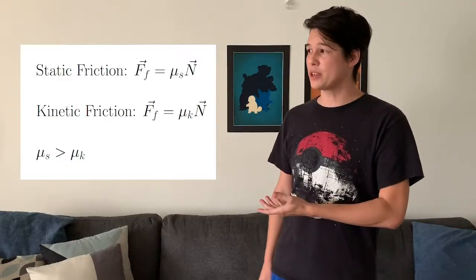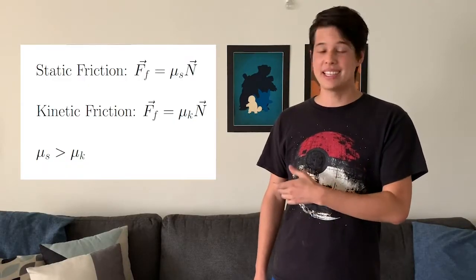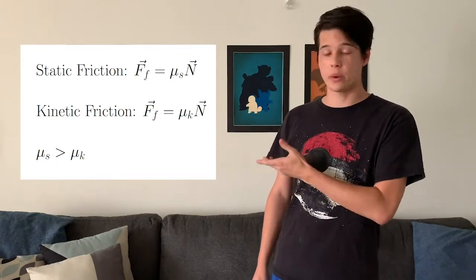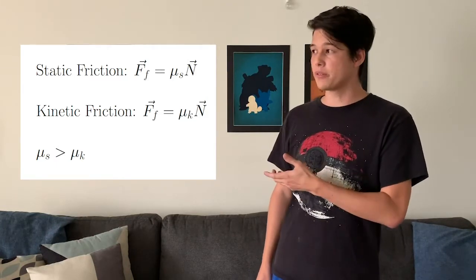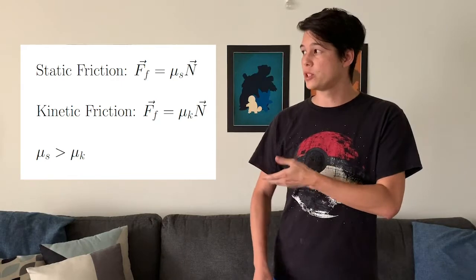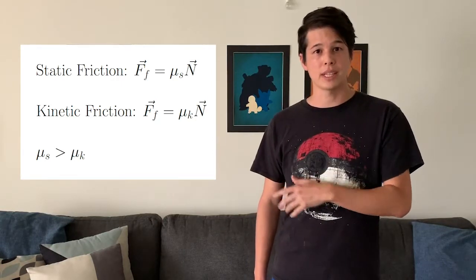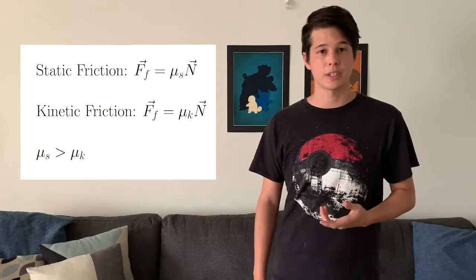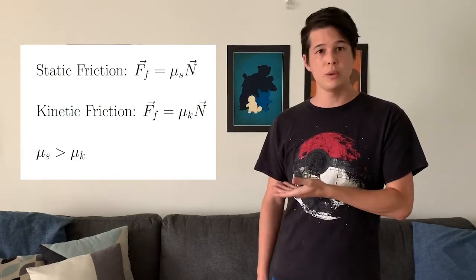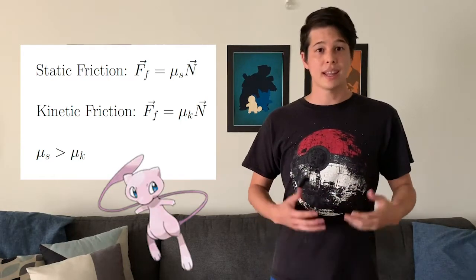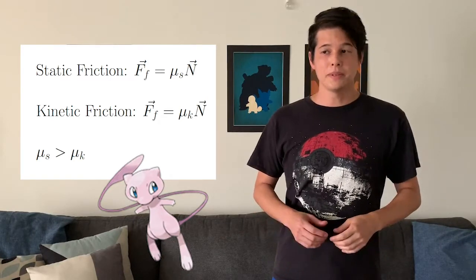So here I have the equations for static and kinetic friction. As we can see, the two equations are very similar. Both of them, we have the force friction is equal to mu times n, which is the normal force, and mu is our coefficient of friction. So that little weird looking u thing is called a mu, like the Pokemon Mew.